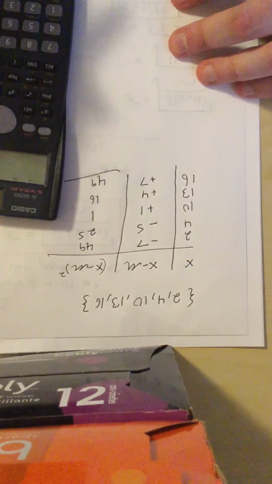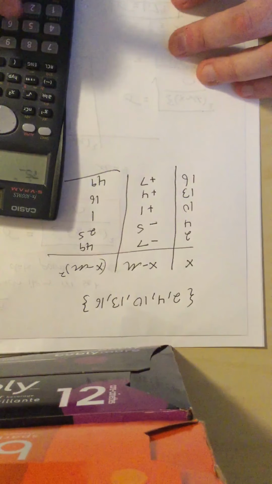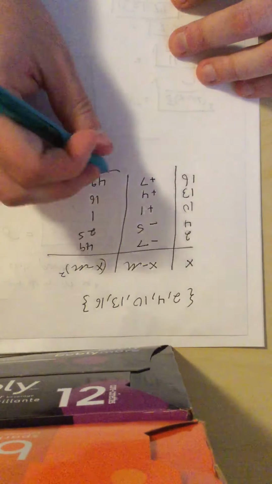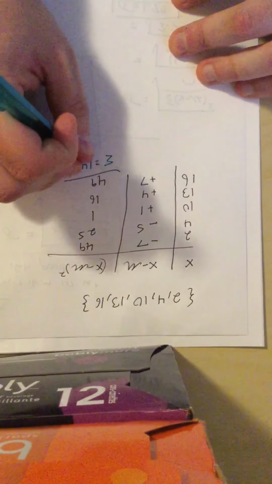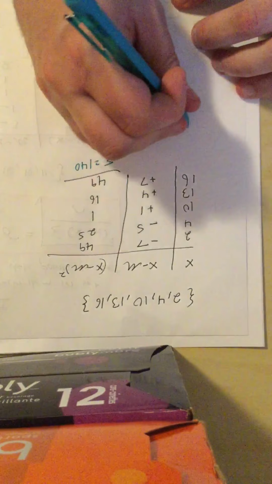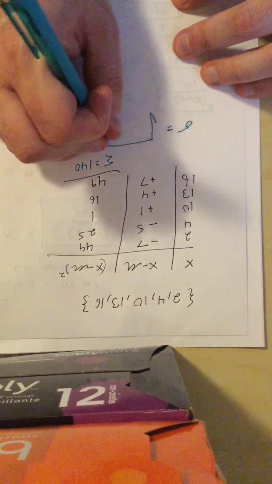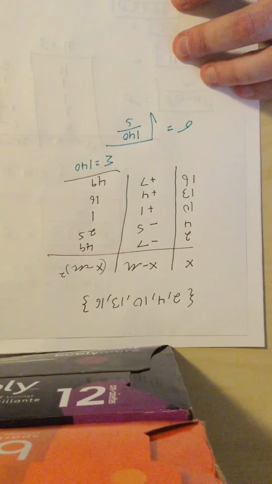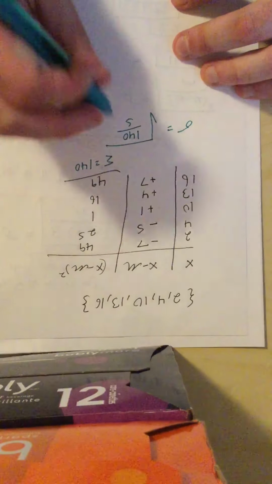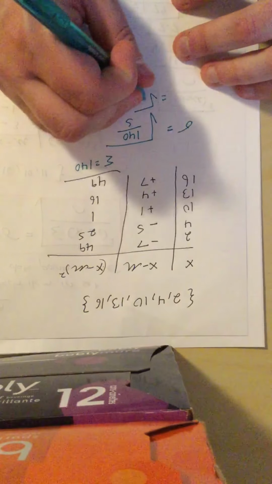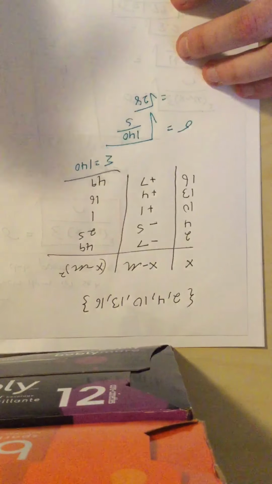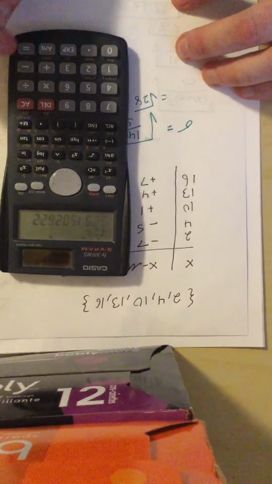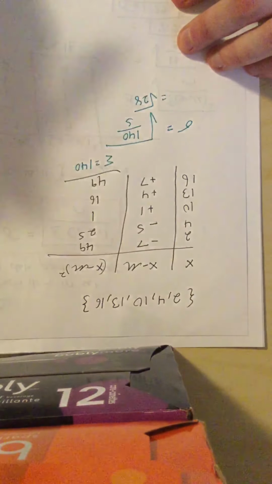Add those up, we get 75 plus 16 plus 49, which is 140. And so the standard deviation here is going to be the square root of 140 over 5, which is the square root of 28. And the square root of 28 is 5.29.